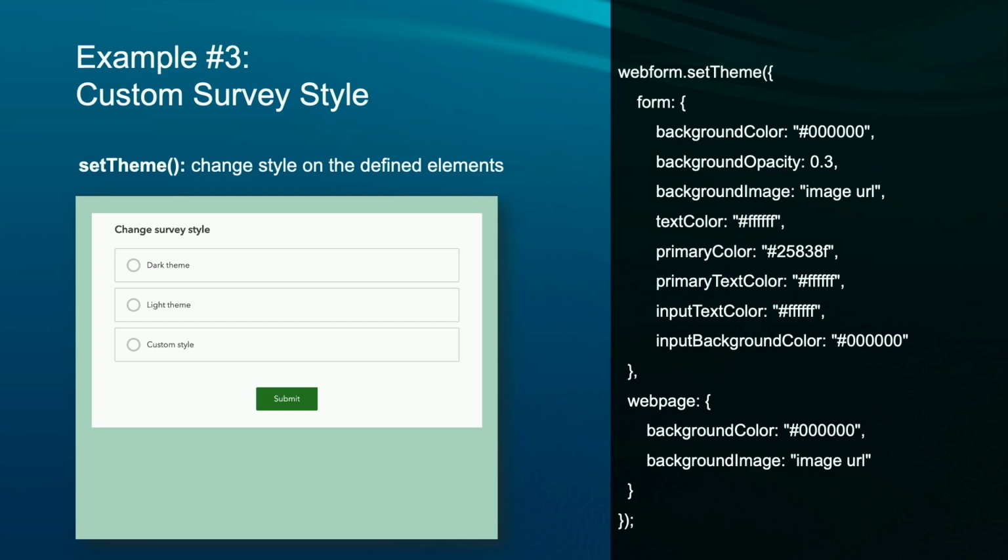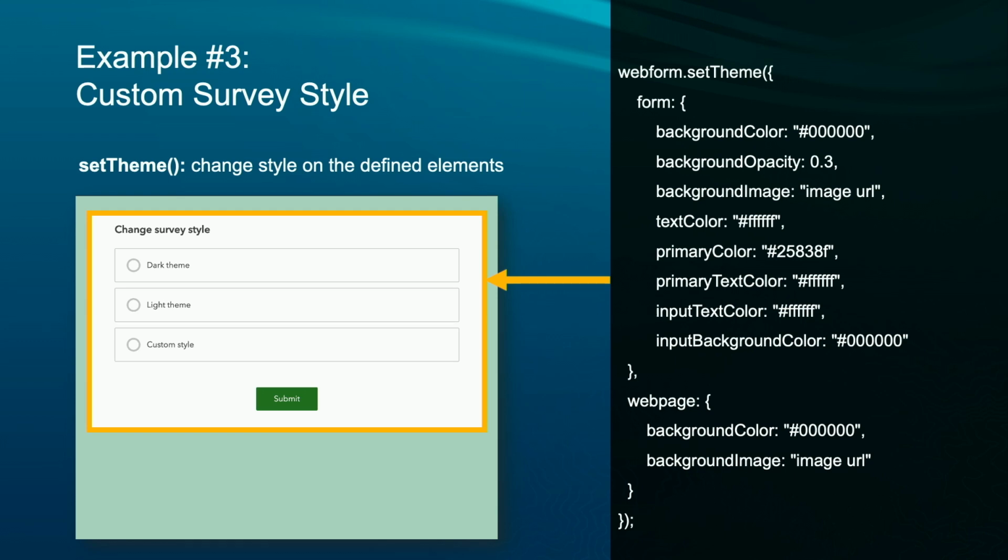We define several elements whose theme and style you can change. The first one is the form, the central form body. You can customize the background image, background color, input color, text color, and also the primary color, which is the main color you want to use in the survey.